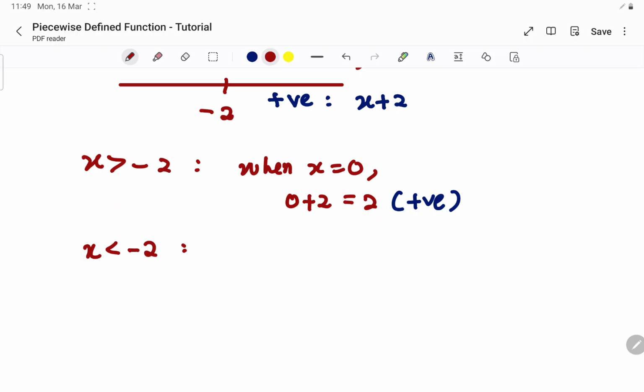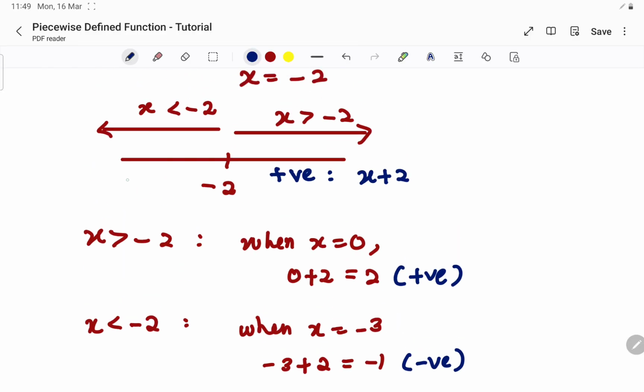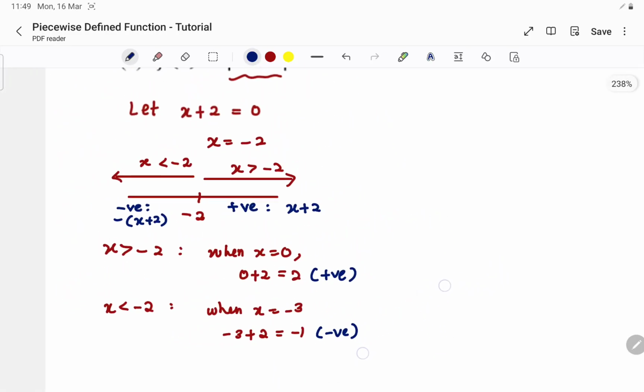Maybe I will take negative 3. So when x is equal to negative 3, you put negative 3 plus 2, the answer will become negative 1. So by right it is negative. So for this region it is negative, where your function will be x plus 2. Put negative inside. Now you have to write it inside the piecewise.